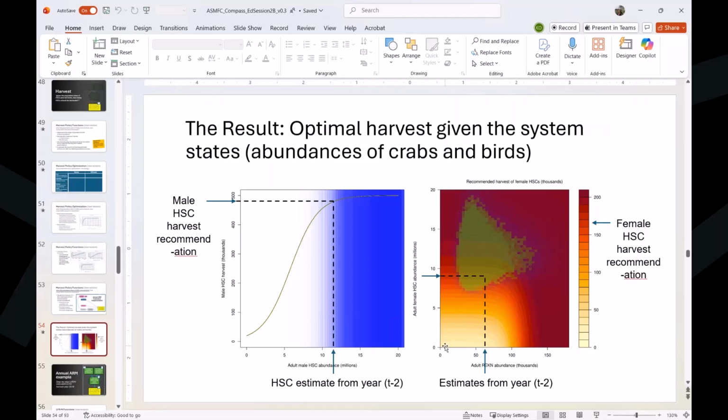And so the shape of this harvest policy surface here is most important in terms of successfully coming up with a good policy. In other words, one that can maximize your long-term sustainable harvest while supporting red knots. That shape is most important within the green blob.